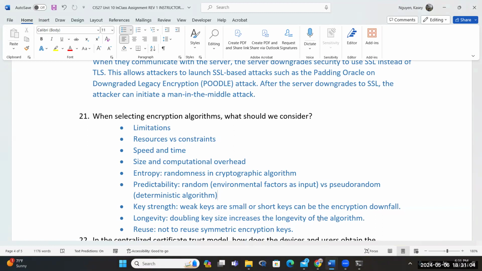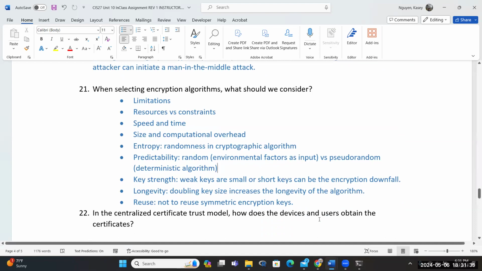We already talked about the key strength and the key length. Weak keys are small or short. And you don't have to put all of these down; these are notes for you to understand what key strength means. So shorter keys, no good. Longevity entails doubling the key size. That's going to give you more probability in the key generation of the product.